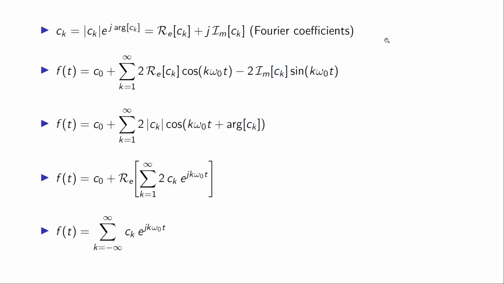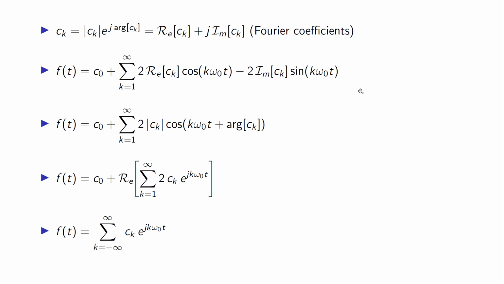So this is a summary of what we have obtained so far. We have 2 expressions of the Fourier coefficients, 1 under a polar form and 1 under a Cartesian form. Notice that we still haven't found a way of computing the Fourier coefficients, but we'll do this pretty soon. And then we have 4 different ways of writing the Fourier series, and they are all equivalent, but of course the interpretation is different.